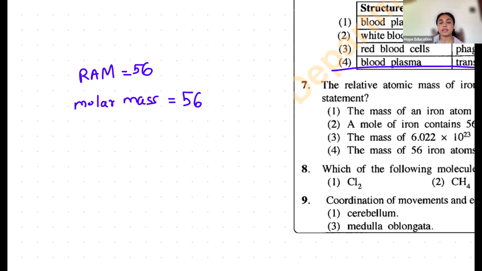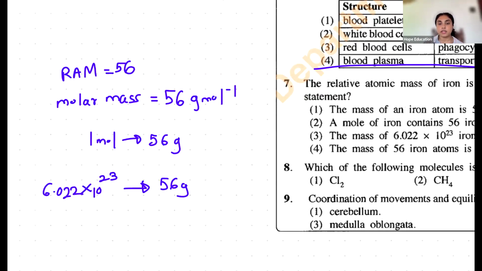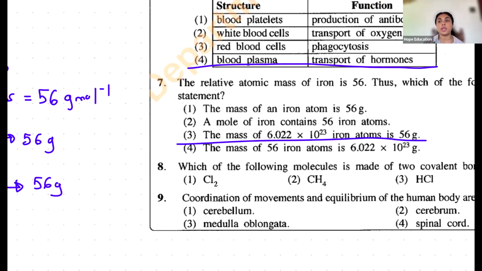I told you, if it's an element, relative atomic mass; if it is a molecule, relative molecular mass. You put the unit grams per mole and you get the molar mass. So the molar mass is 56 grams per mole, meaning the mass of one mole is 56 grams. And 1 mole is equal to 6.022 x 10^23 atoms or molecules, and that would also be 56 grams. Therefore, the third one is the correct answer. The mass of 6.022 x 10^23 iron atoms is 56 grams.